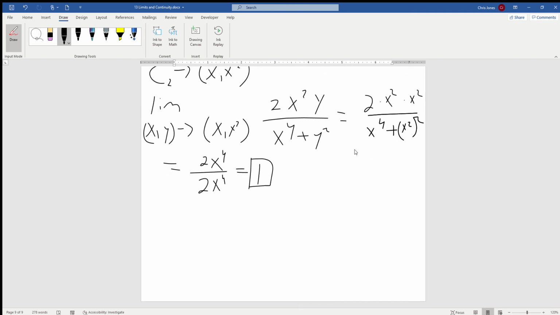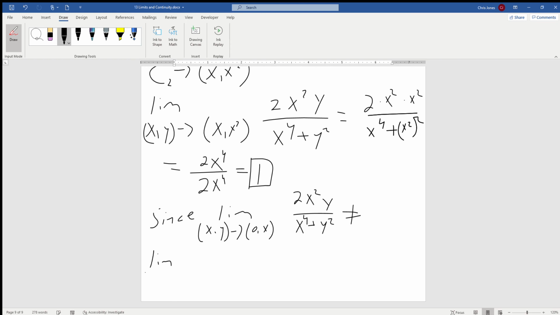So one last time, we're going to say since the limit as xy approaches 0x of 2x squared y divided by x to the 4th plus y squared is not equal to the limit as xy approaches x comma x squared of the same expression, then we can say the limit does not exist.